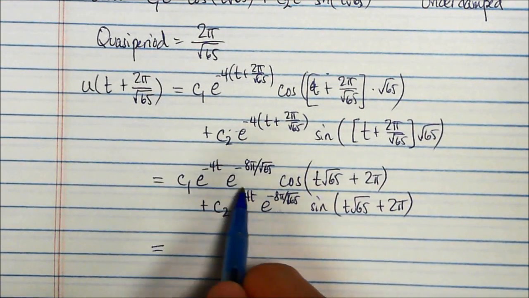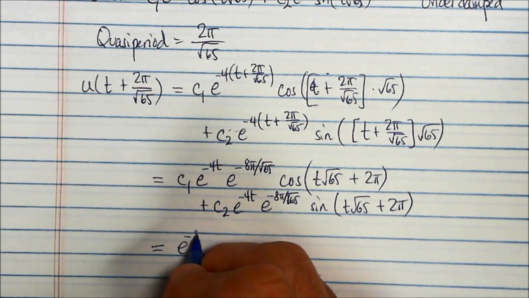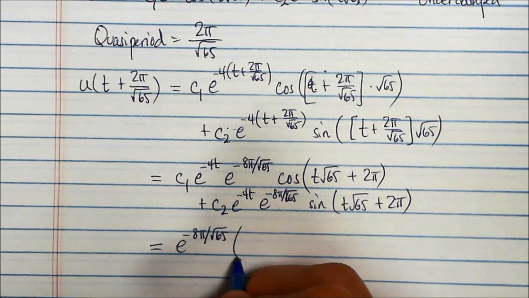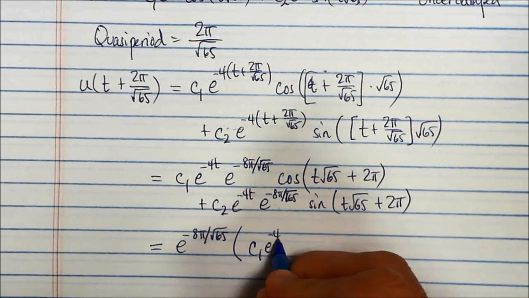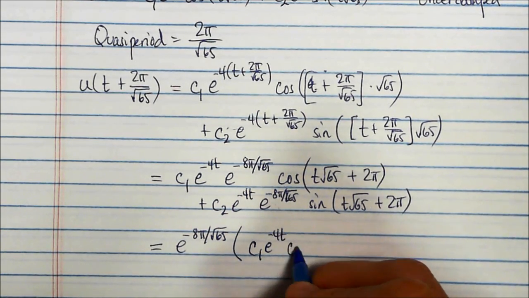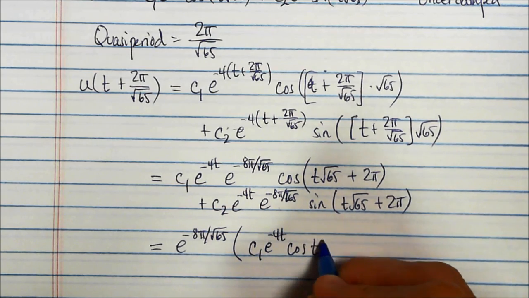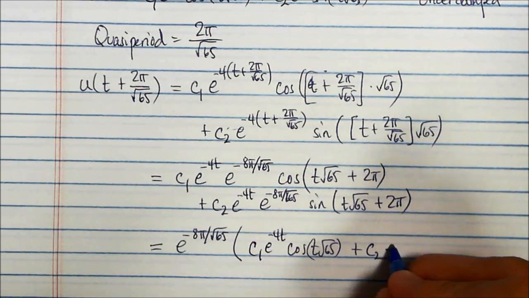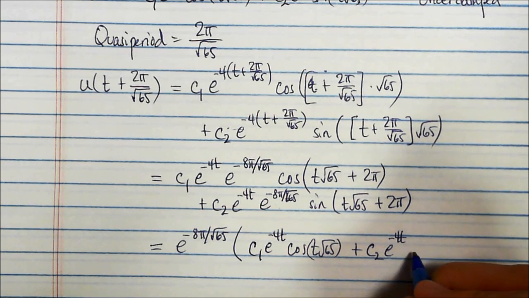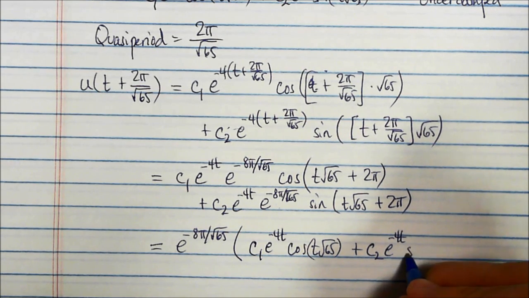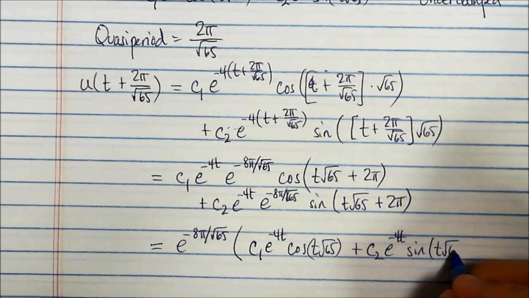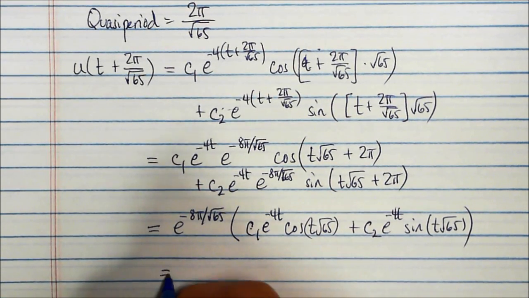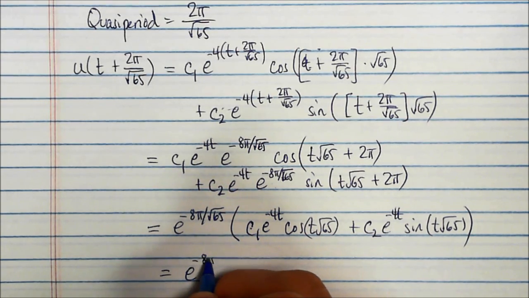Okay, now there's an e to the minus 8 pi over the square root of 65 that's common to both. I get c1 e to the minus 4t times cosine of t square root of 65, plus c2 e to the minus 4t times sine of t times the square root of 65. And this thing in parentheses, of course, is the function u that I had in the first place.